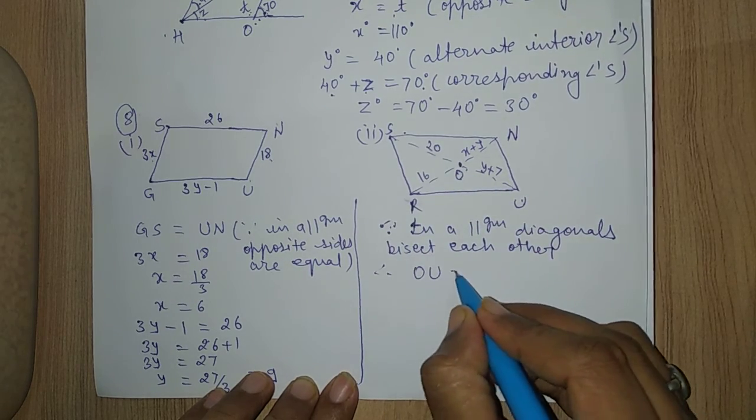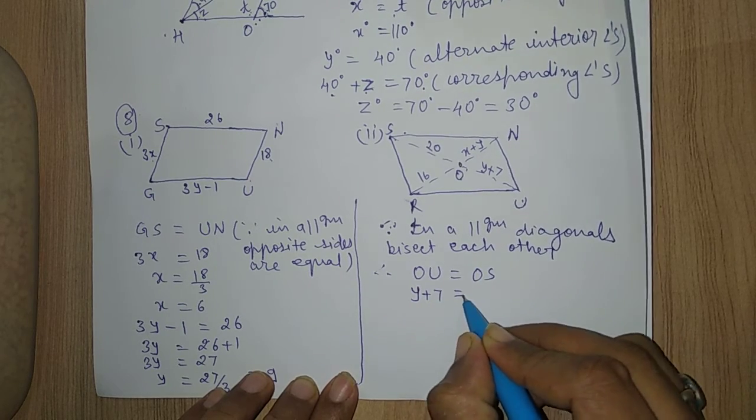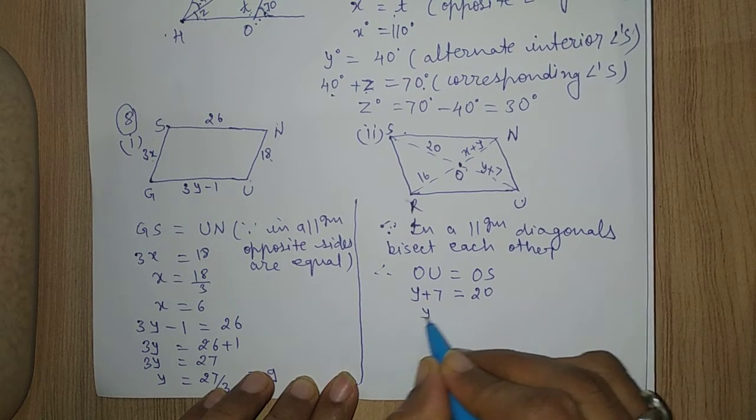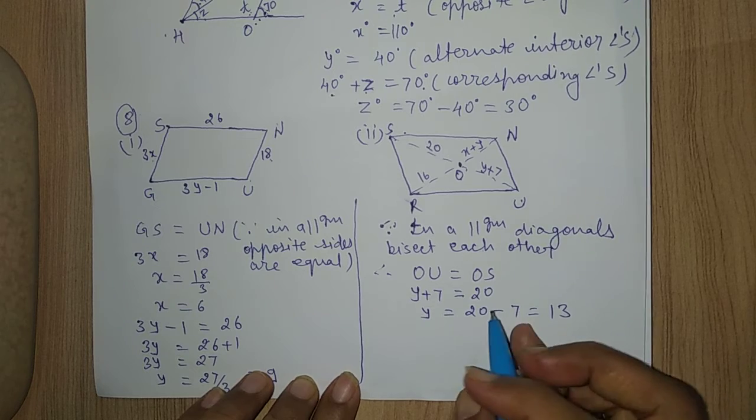So OU is equal to OS. OU is y plus 7 is equal to 20. So y is equal to 20 minus 7, that is 13.